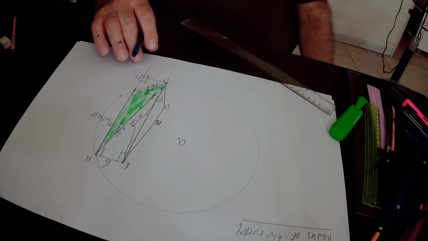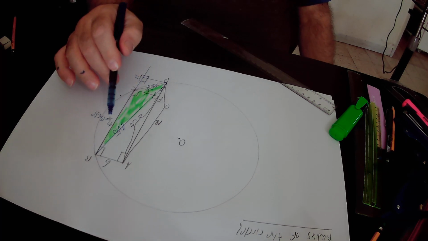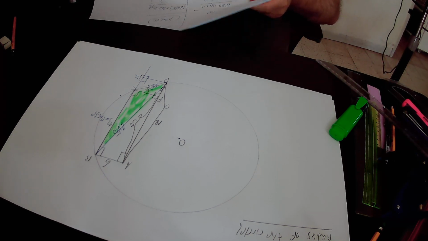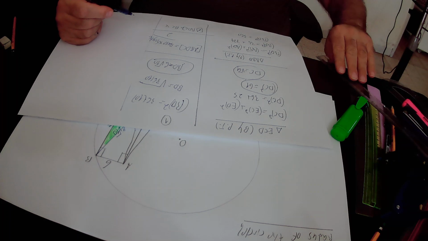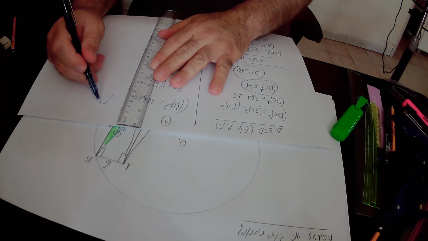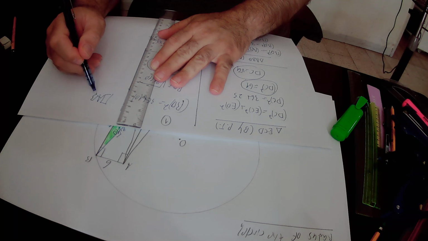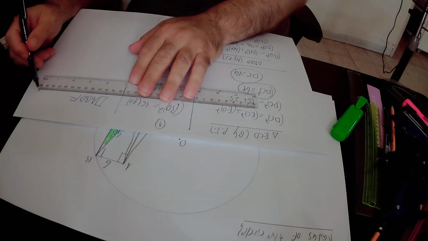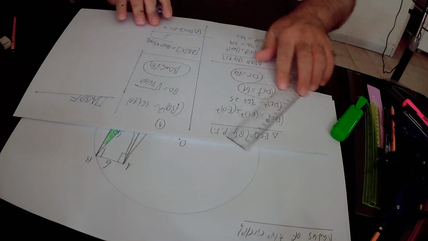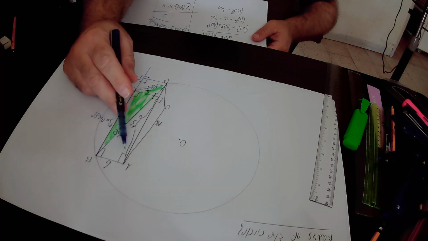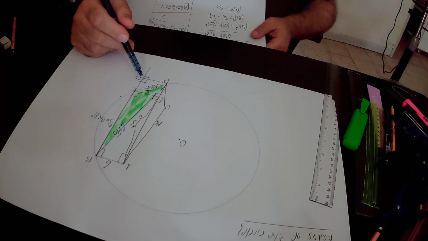In the next step, we will focus on quadrilateral ABDF. In quadrilateral ABDF, we have 1, 2, 3 right angles.